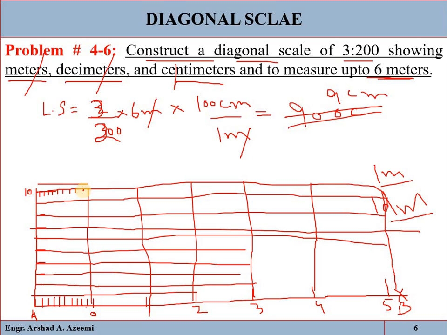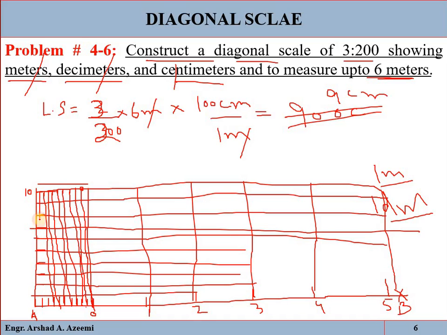Now join the first part from the top to this 0 point, join the second part with the first one, the third part with this 2, the fourth with this third, the fifth point with this 4, alternately joining them. These lines will be parallel when you draw them using a drawing instrument.